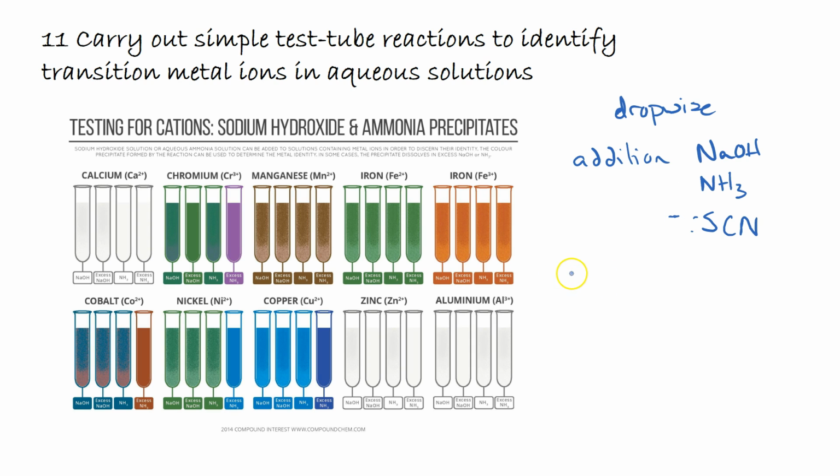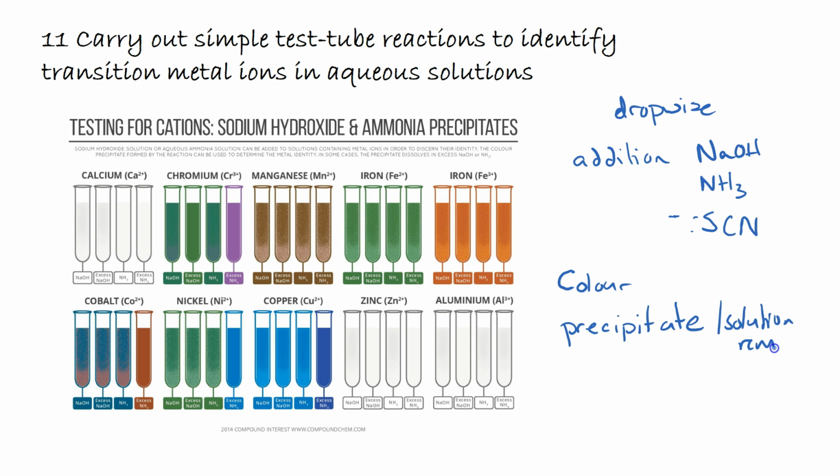The practicals themselves are pretty straightforward, but the key thing is then the observations that are made. You need to observe specific colours, and these are different depending on the metal that you're using. Whether you've got a precipitate that forms when you add sodium hydroxide, and you know if a precipitate forms because you can no longer see through the solution, or whether you remain a solution.